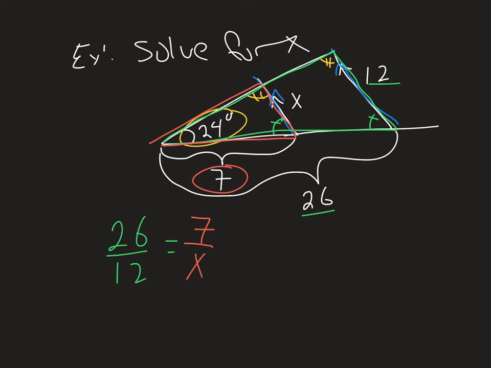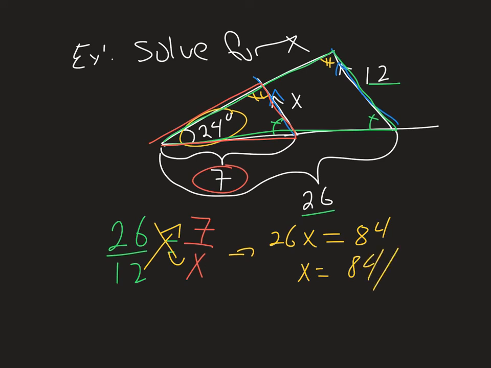At this point, I can cross multiply to solve for x. So 26x is going to equal 7 times 12, which is 84. Therefore, x is going to equal 84 divided by 26. I don't have a calculator handy, but we can get a decimal approximation, and this would essentially be our solution. So, a very useful application of similar figures.